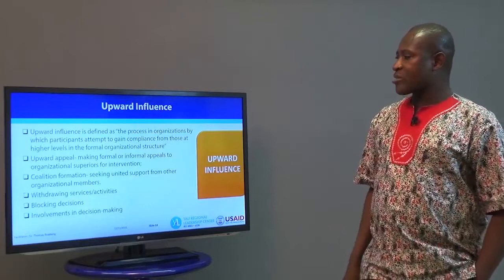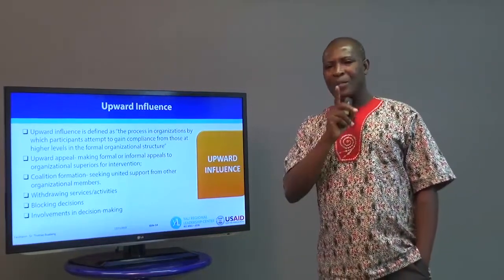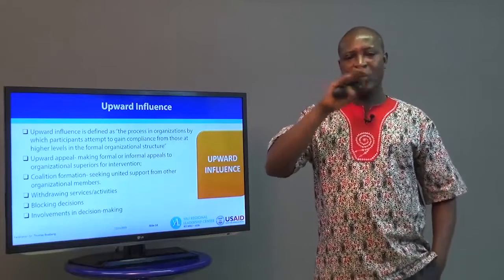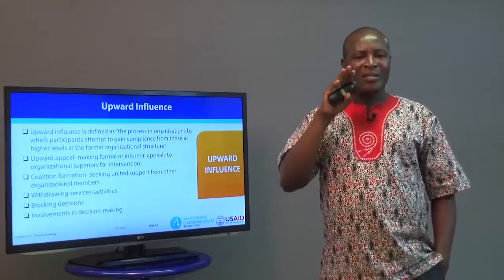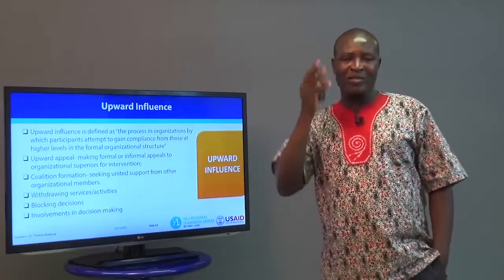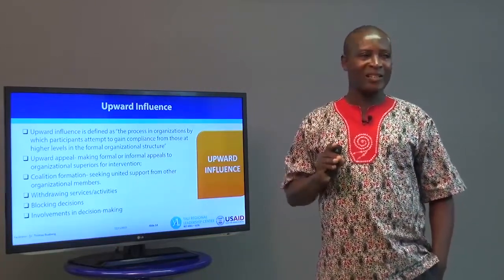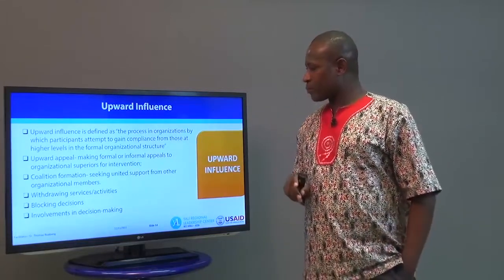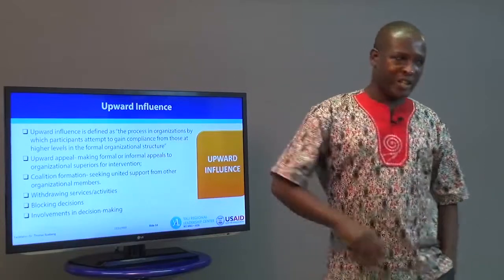We also have several strategies, but because of the level of authority that we have, sometimes the approach from the bottom tends to be more radical. It tends to be more unconventional.